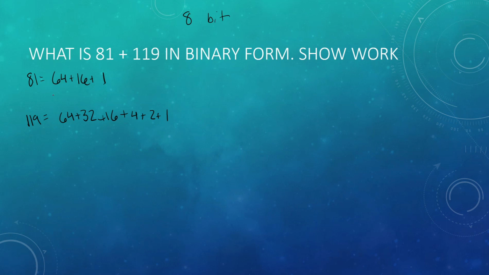So 81 is 2 to the 6, 2 to the 4, and 2 to the 0.